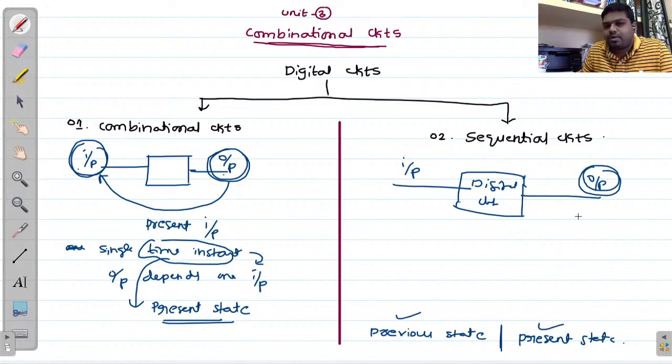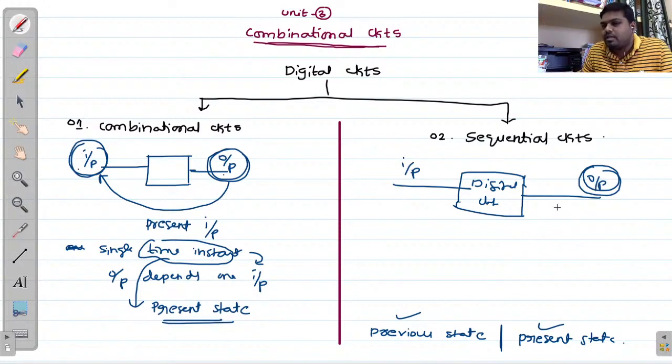Present state means the output variable and input variable both appear at one particular instant. That is called combinational circuit, otherwise present state. So here output depends on present input as well as previous output. That is very important.